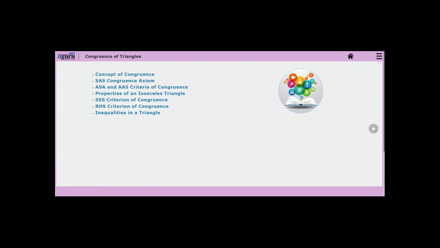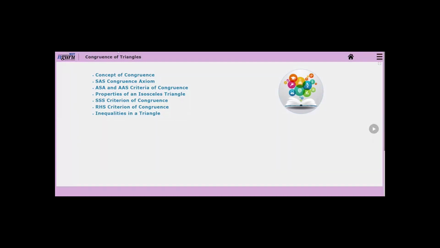This year they have deleted inequalities from the syllabus. In your school, are they doing inequalities or not? Yes, ma'am. So shall we see that? Yes, ma'am. Okay.